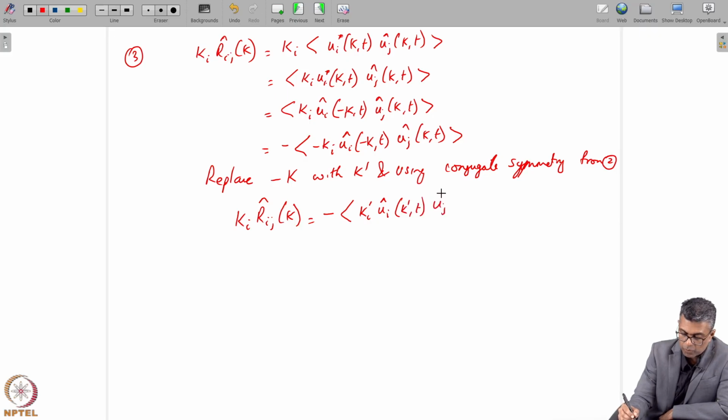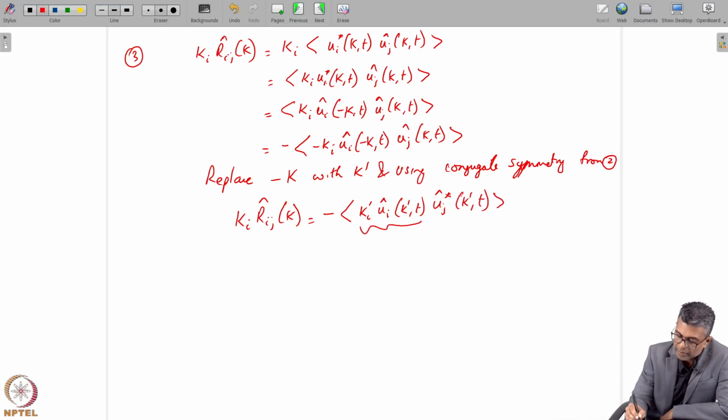Now I'm replacing kappa with minus kappa, so the right part of this term also becomes minus kappa, and instead of writing it as minus kappa, I'm going to write it as uj star of kappa prime comma t, close average.